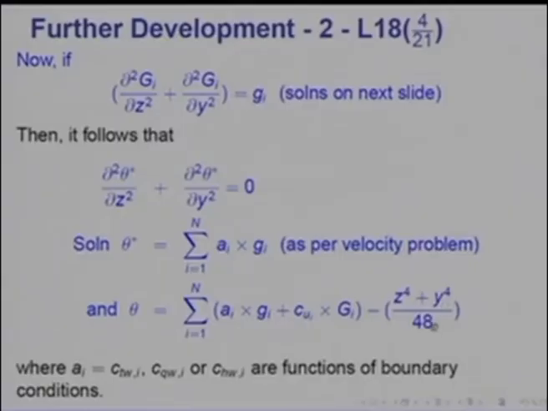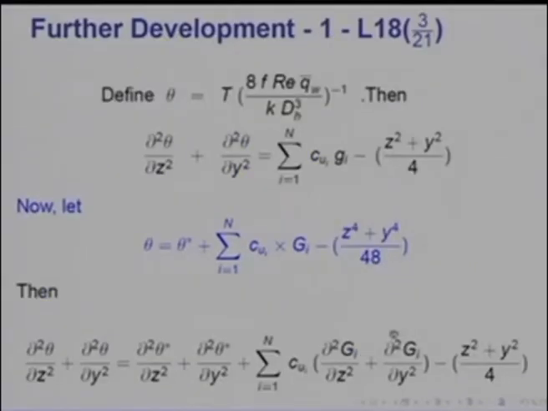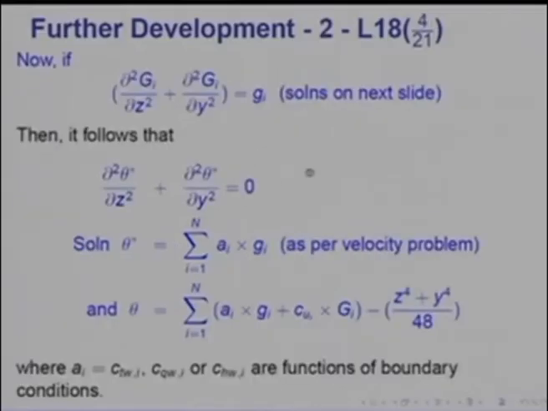That is, I have substituted a_i g_i for theta star, since the solution to a Laplace equation we had shown is a_i g_i. So, this term is theta star, and these are the additional functions with the velocity coefficient c_i.